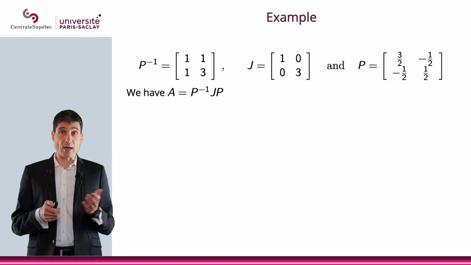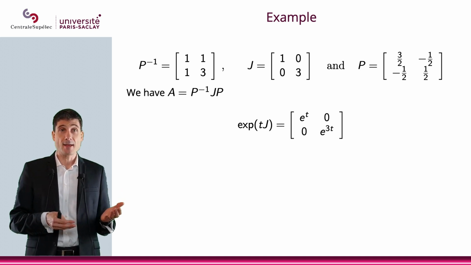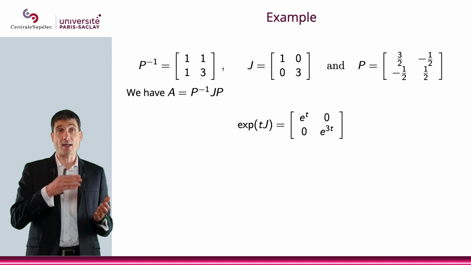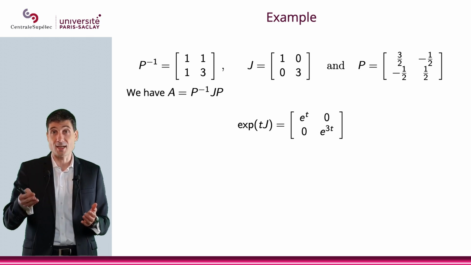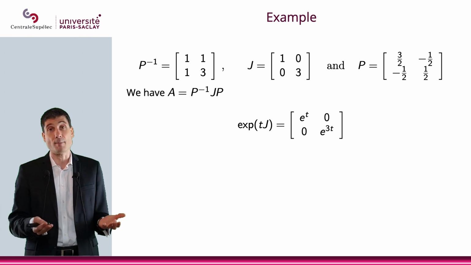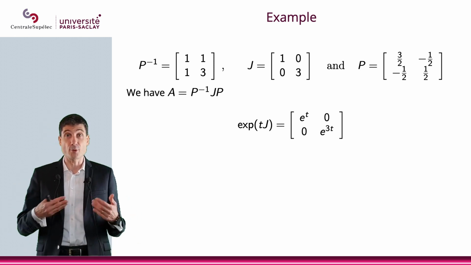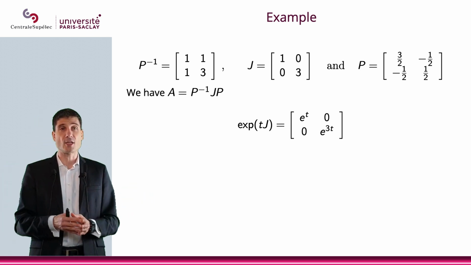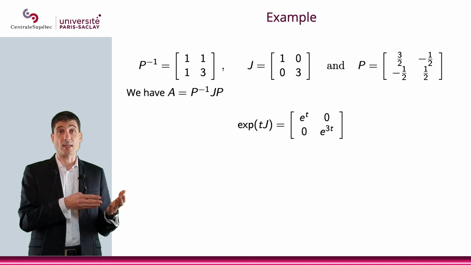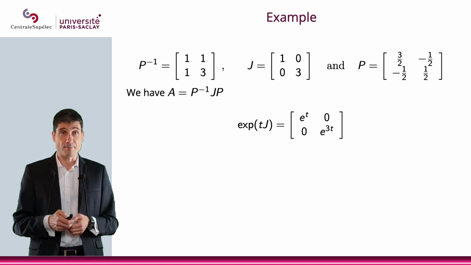So in this case, it's going to be pretty easy to compute the exponential of tJ. Again, J is [1, 0; 0, 3], so tJ is [t, 0; 0, 3t]. That's a diagonal matrix, so computing the exponential of this is very easy, because computing the power of J is very easy. So the exponential of tJ is [e^t, 0; 0, e^(3t)].